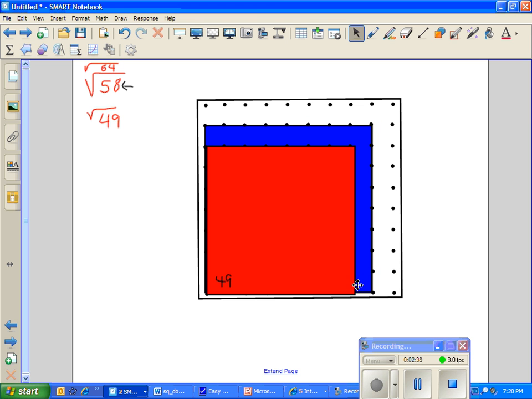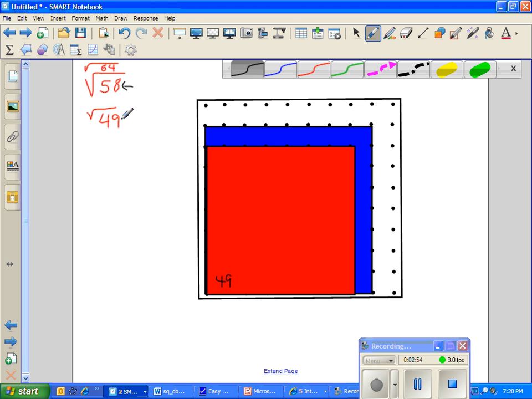It's in behind the red square. It's one step higher because it has a side length of 8. So before, when we did this, we talked about that 49 as a perfect square has 7, and 64 as a perfect square has a side of 8.